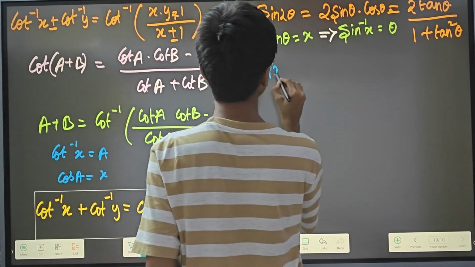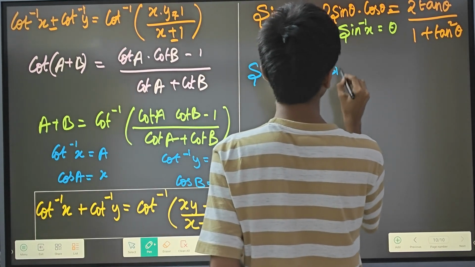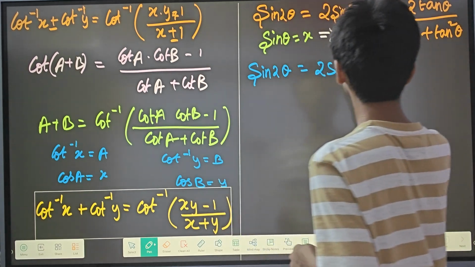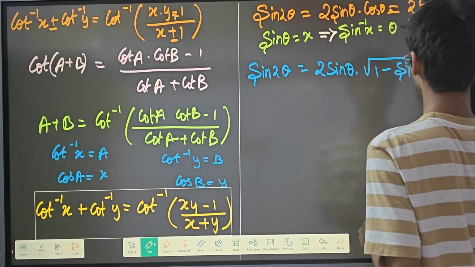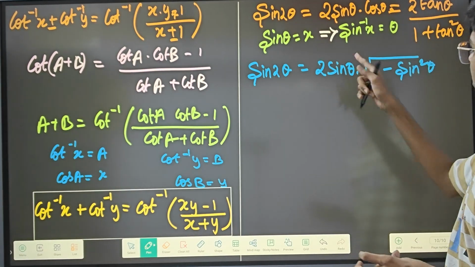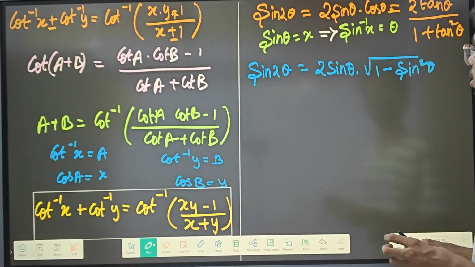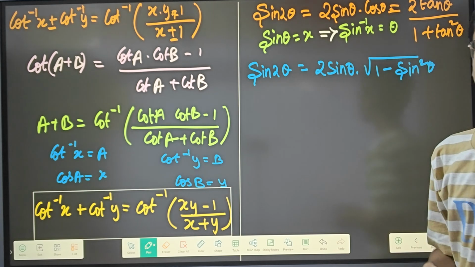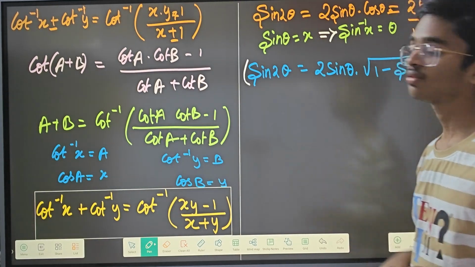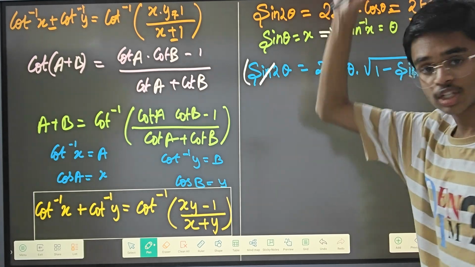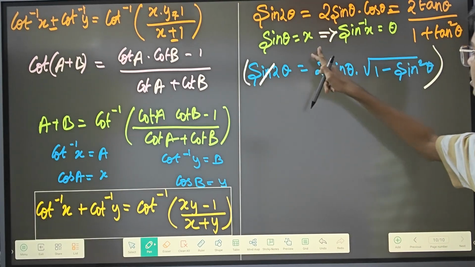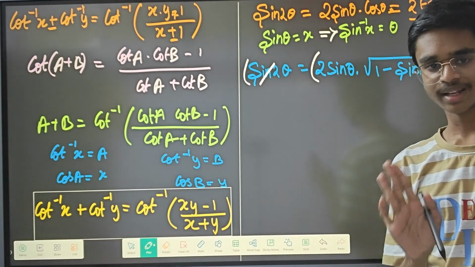So sine 2 theta is equal to 2 sine theta dot root over 1 minus sine square theta. Right? So in place of sine theta I'm going to put x. Before that, I'm going to apply the sine inverse function to this total equation. Then sine inverse and sine will cancel here, and on the other side this sine inverse will remain as such.